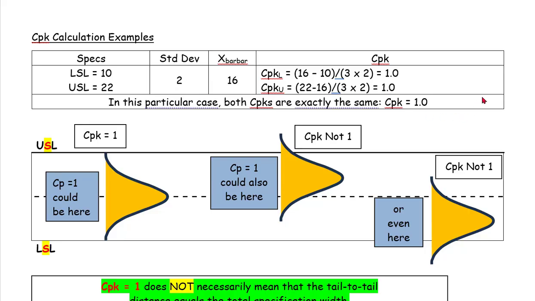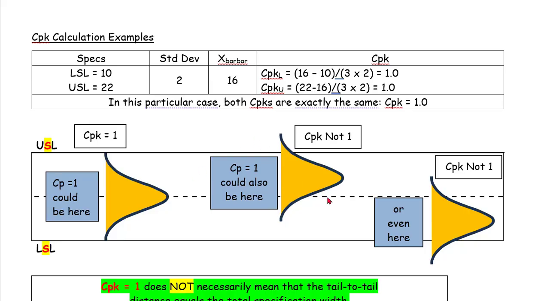In this particular case, it typically doesn't happen this way. Both CPKs are exactly the same. CPK equals 1. That's what gives you the CPK of 1. And the CP is also going to be 1 in this particular case.